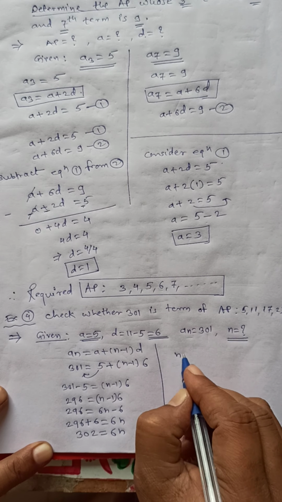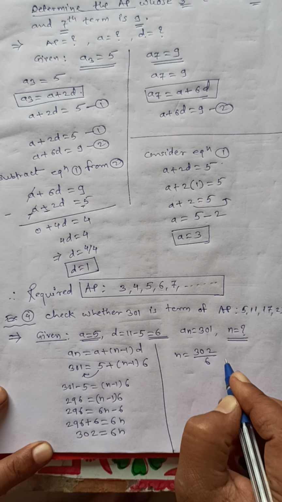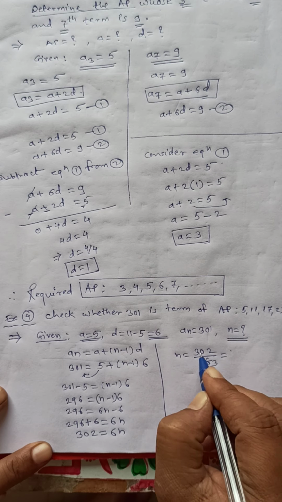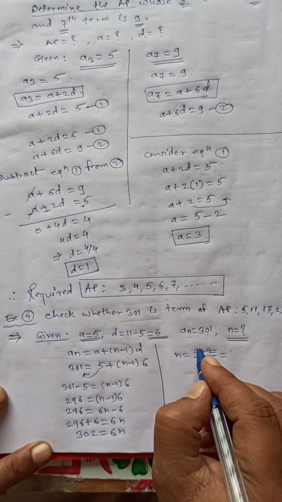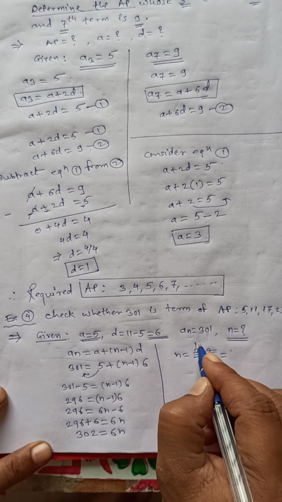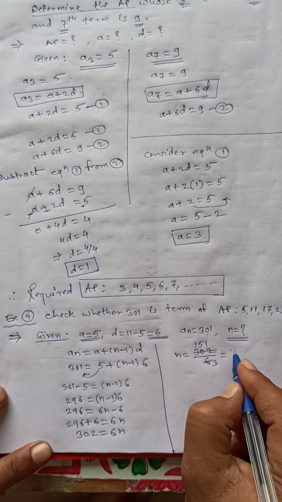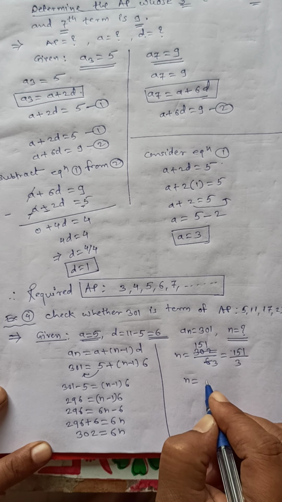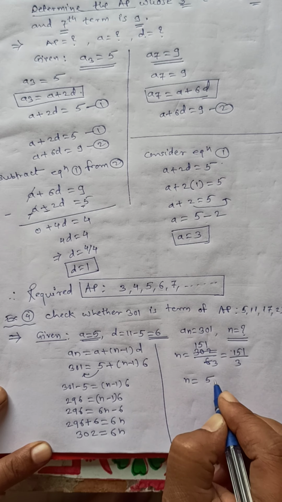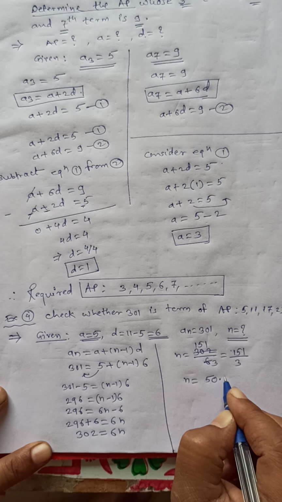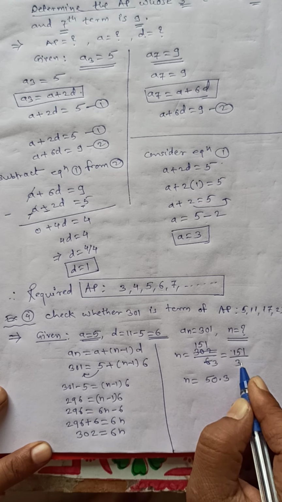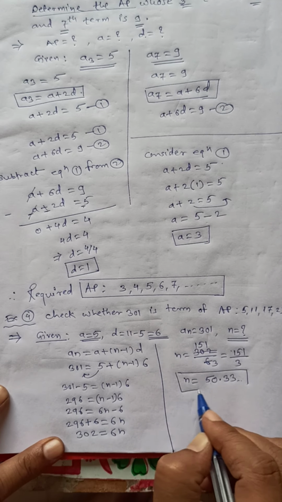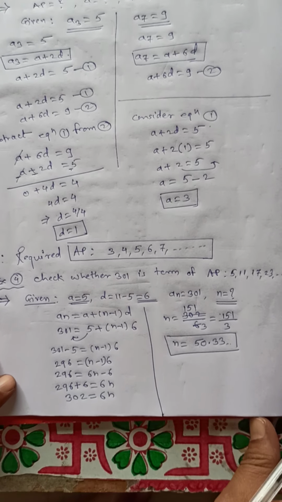We will check: n is equal to 302 upon 6, which is 151 upon 3. If we divide this, 3 fives are 15, then 1 is remaining, and then 3 threes are 9, and so the n value is coming 50.33. It is not a positive integer.